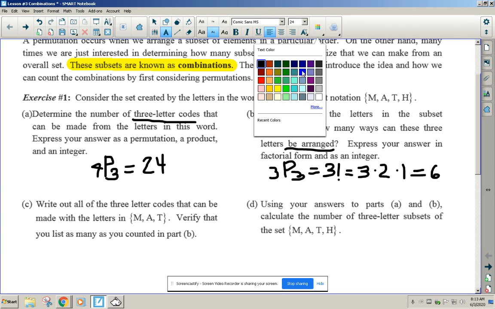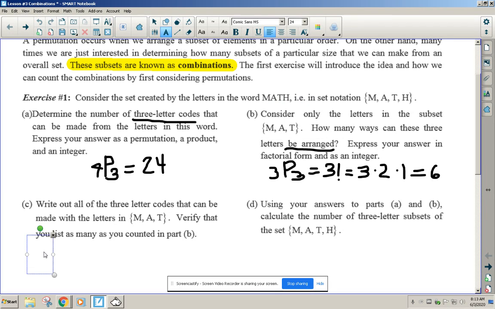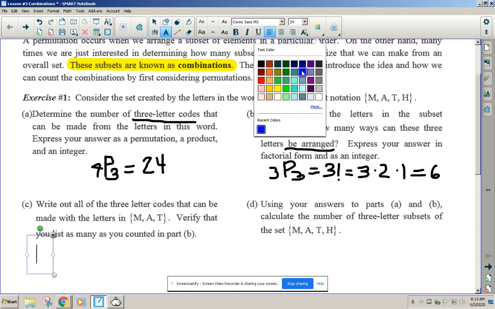So if we write this out, let's start again. All right.